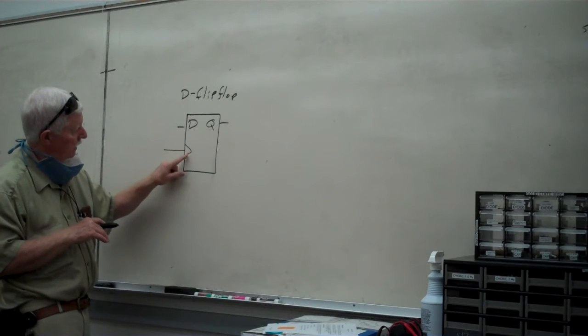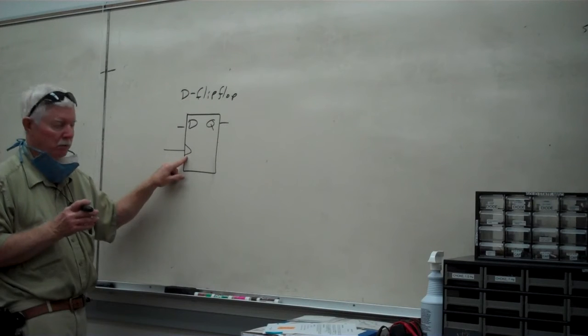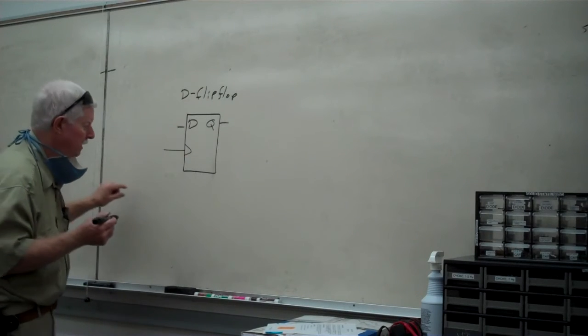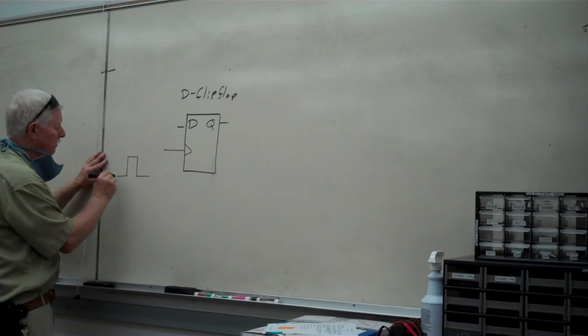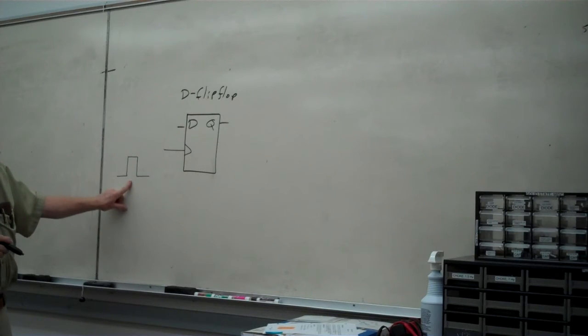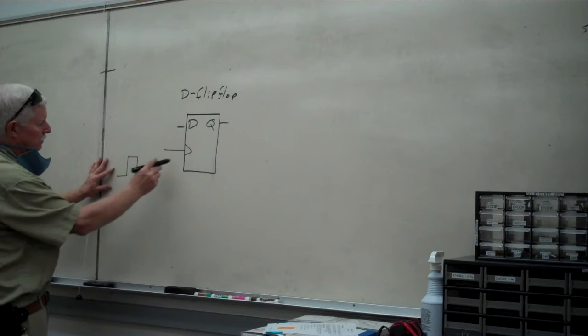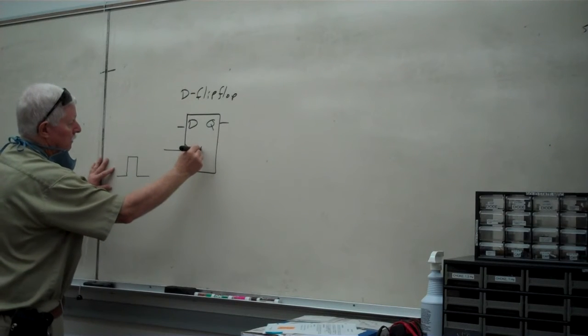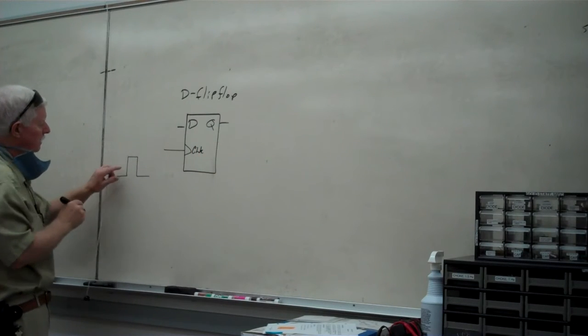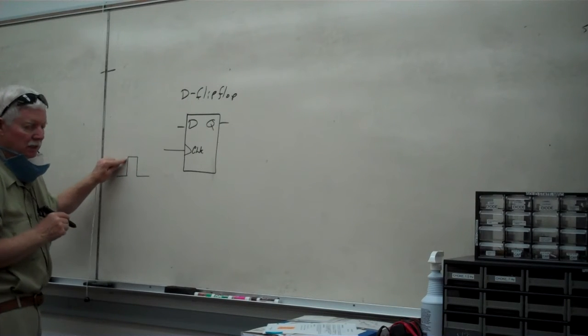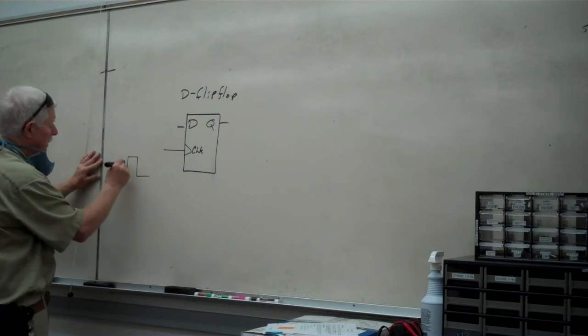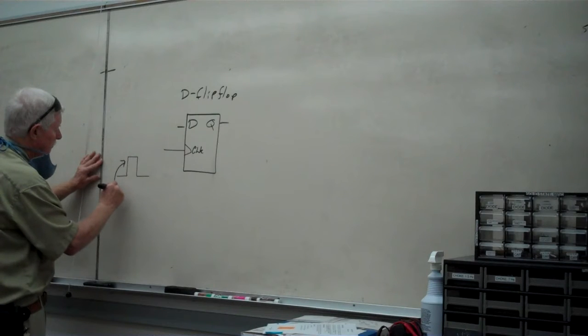Whenever you see this triangle in this device symbol, it means that it requires the edge of a clocking pulse or another type of trigger pulse. Our digital pulses look like this, and in the case of what we're going to have here, we're going to label this the clock. It means that it requires a rising edge or a leading edge of the clock pulse.